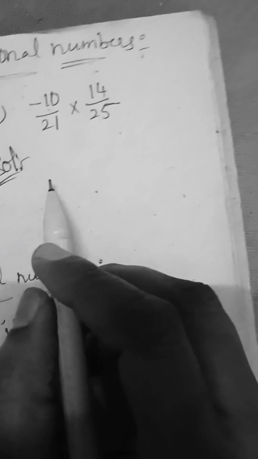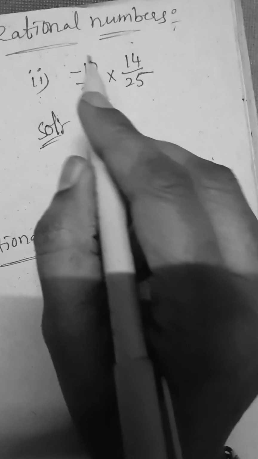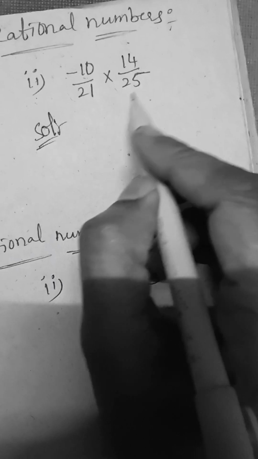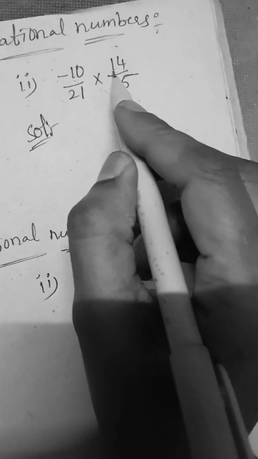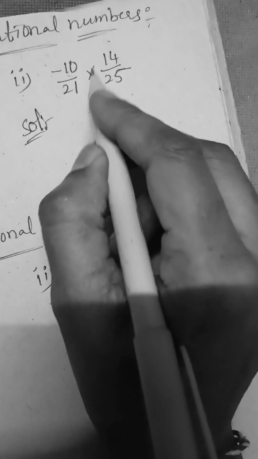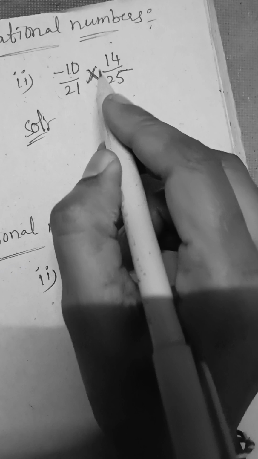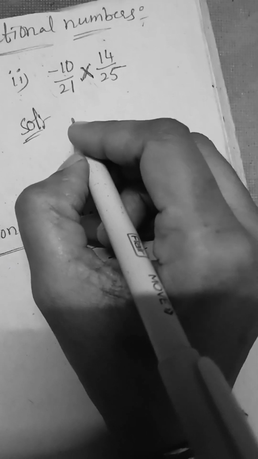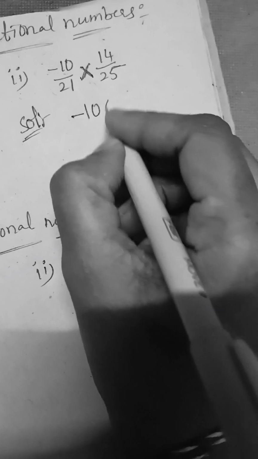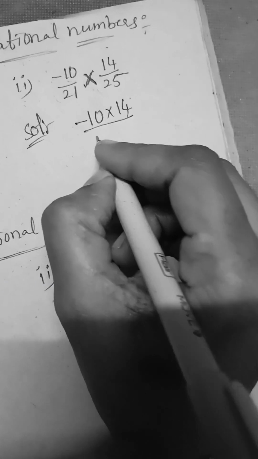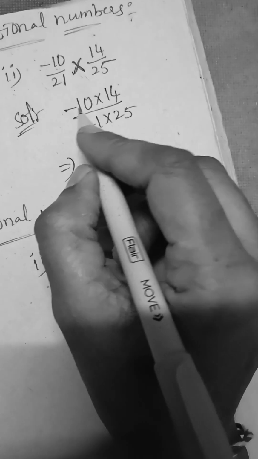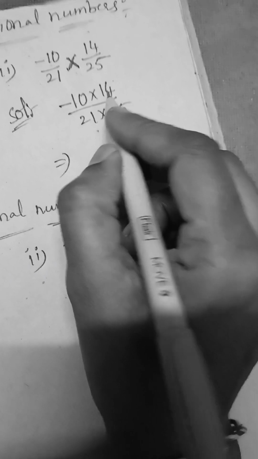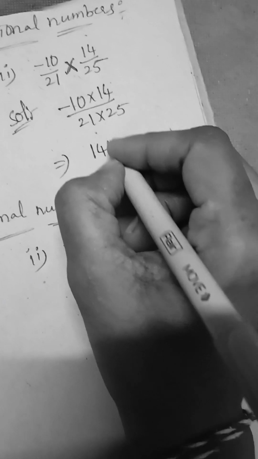Now here this is a negative rational number and this is a positive rational number, but they are in a multiplication relationship. So that is why we have to do numerator into numerator and denominator into denominator. So here 10 into 14, 140.